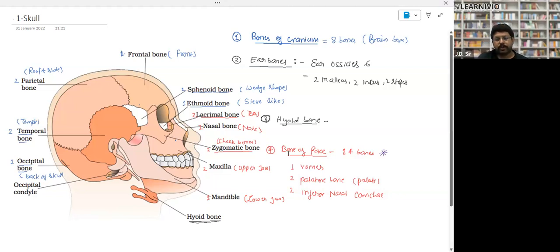Next point, fourth point. Face is made up of 14 bones in total.